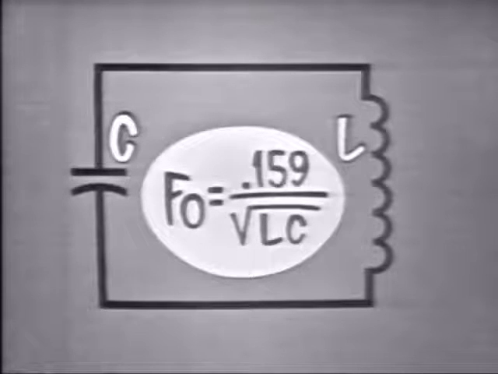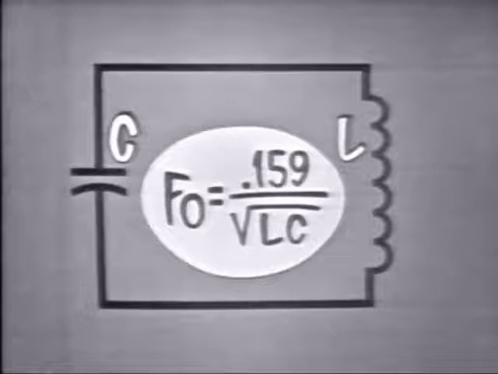In the LC circuit, L and C compare to the rubber bands and the weight, the frequency determining device. And as you recall, the resonant frequency of the tank can be determined by the formula f sub o equals 0.159 over the square root of LC. Or very simply, the frequency is determined by the size of L and C.